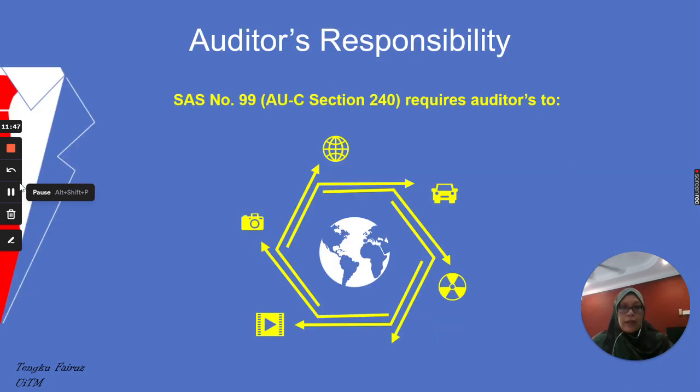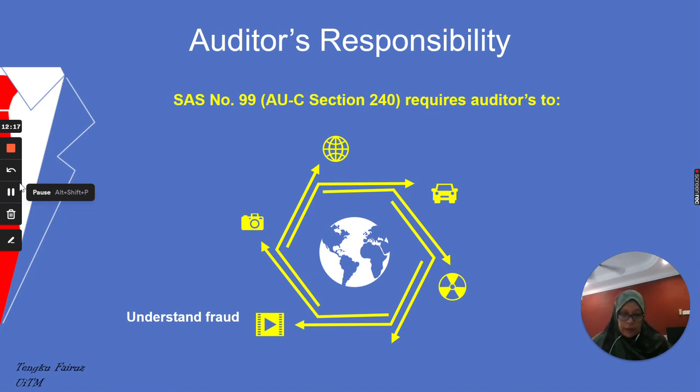So under the Statement on Auditing Standards, SAS number 99, okay, this SAS 99, they list down the responsibilities, okay, that need to be followed by the auditors. Okay, so the first one, the auditors need to understand the fraud, itu yang pertama.